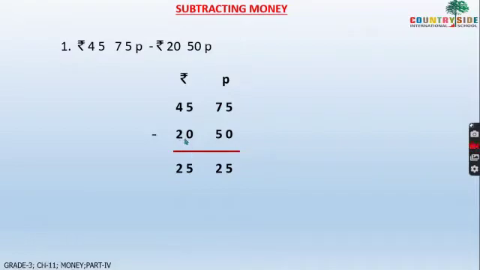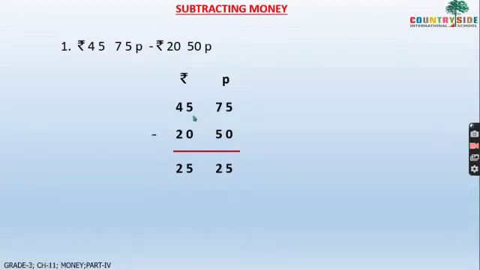Rupees 20 you have to write in the rupees column below 45, and then 50 paise you have to write below 75 in the paise column. So now you have to subtract. 5 minus 0 is equal to 5. 7 minus 5 is equal to 2.